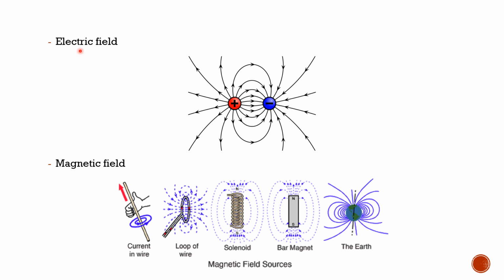Also, we need to know what an electric field is, how it works. We need to do the basic calculations also. And we need to know about the magnetic field, what produces a magnetic field, how it relates to electricity and electric field. So these are basically the most important.